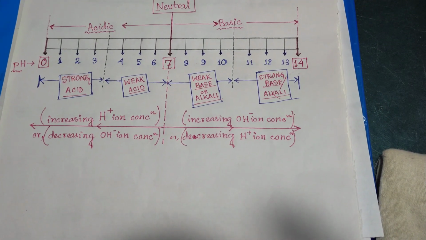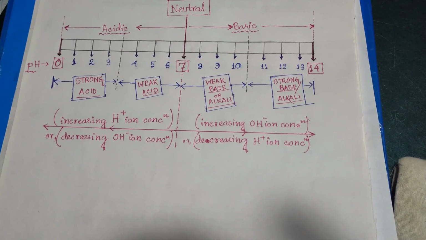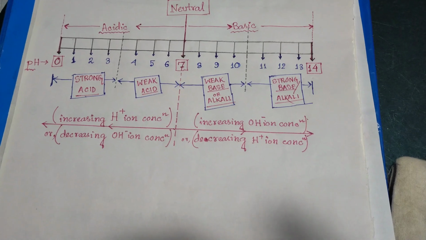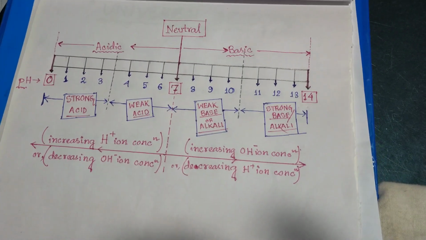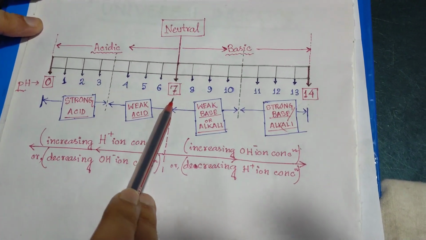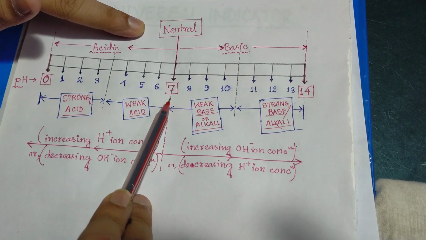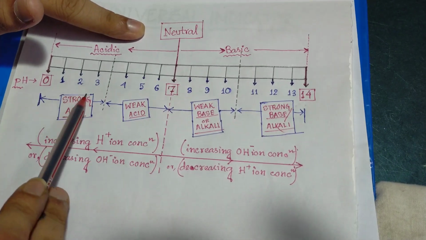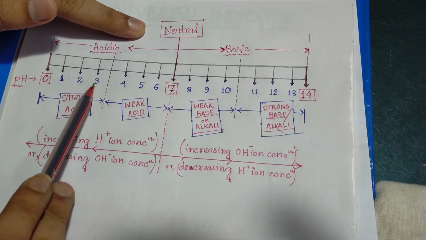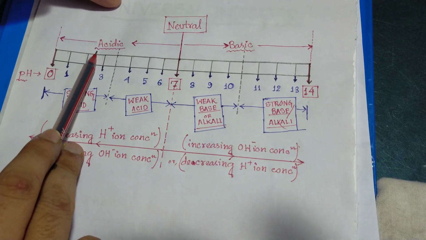So here students, a common pH scale having pH values from 0 to 14 is given in this figure. From here we can see that in this scale the pH value 7 is for the neutral solution, and values less than 7, that is 0, 1, 2, 3, 4, 5 and 6, all indicate acidic solutions.